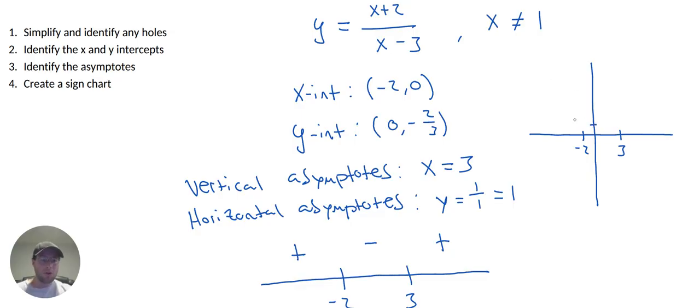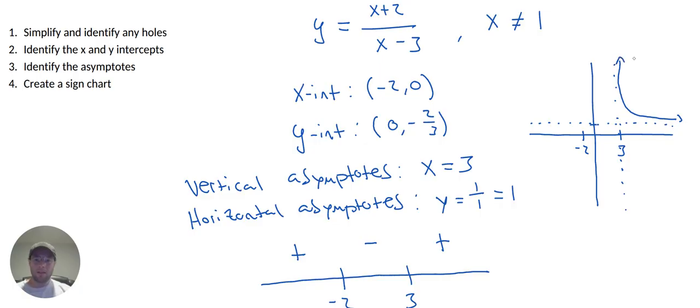I'm going to draw some dotted lines for these asymptotes here. Okay. And now, because we have our sign chart, we can fill in the graph. When we're to the right of 3, we're going to be positive. So that means our function is going to have to look something like so. We're following along those asymptotes there.